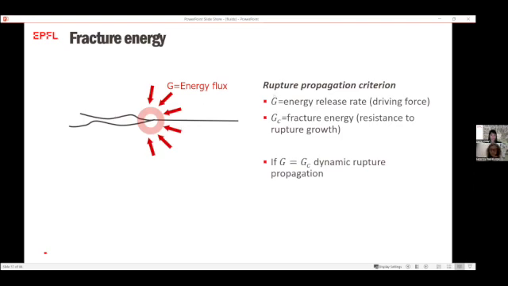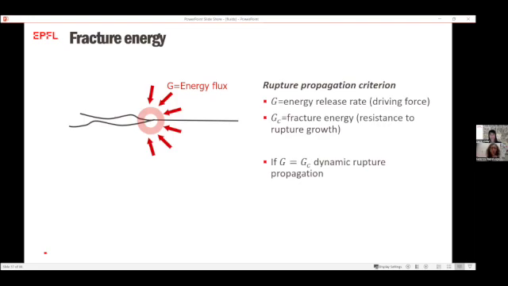It's very well known, the rupture propagation criterion, for which if the energy release rate, which is the driving force of the rupture, and is the energy that is available around the crack tip, is equal or larger than the fracture energy, which is an interface property, then the dynamic rupture is allowed to propagate further.